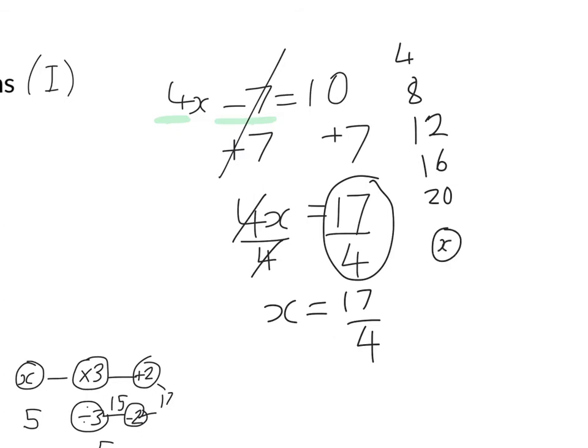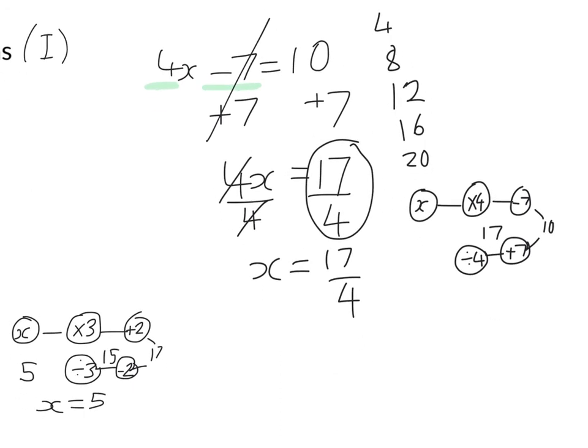I've got x, 4x means times 4, take away 7, gives me 10, inverse, plus 7, divide by 4. 10 plus 7, 17, and now divide by 4. Now we've got a bit of a problem because, at least with this method, it's already written out correctly. So I want 17 divided by 4.